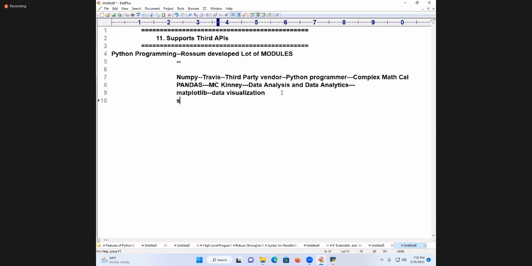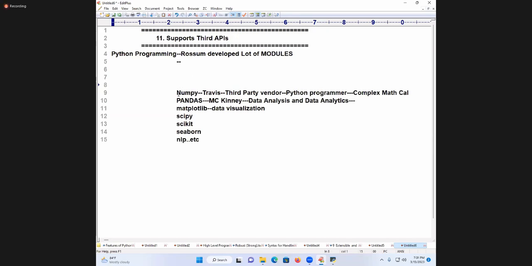Like that, SciPy, then Scikit, Seaborn, and next NLP, etc. These are all called data science related modules.